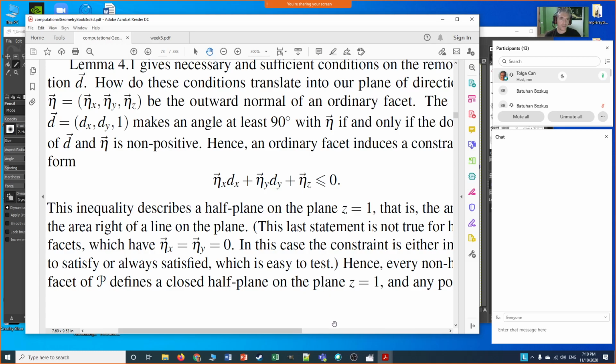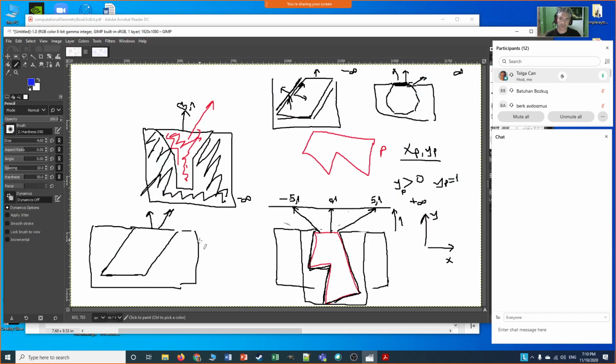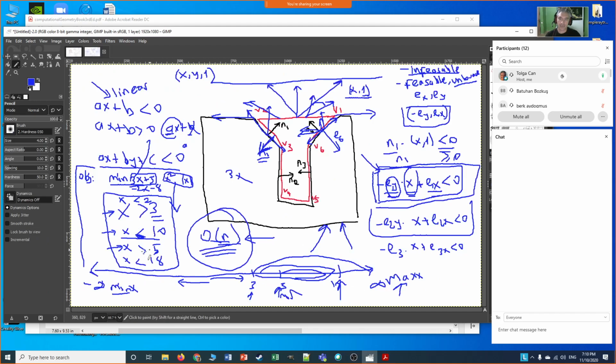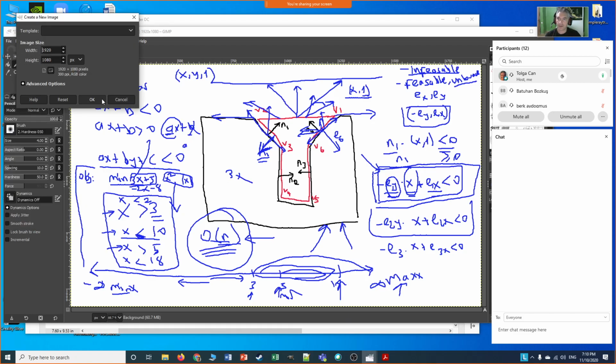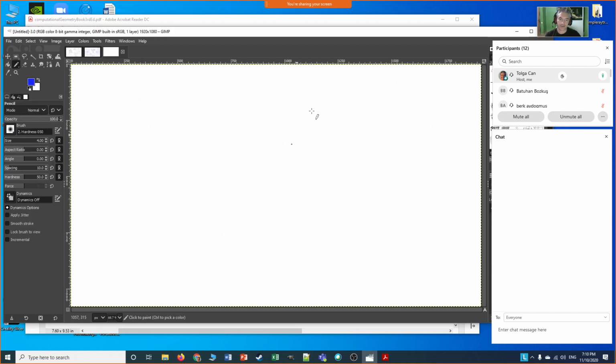In the 2D case, this was a one-dimensional problem. If we were looking at constraints like these, what we had were intervals on the one-dimensional x-axis. X is greater than 3, x is less than 10. They were half lines. In the three-dimensional problem that is in the book, each of these constraints is like this.